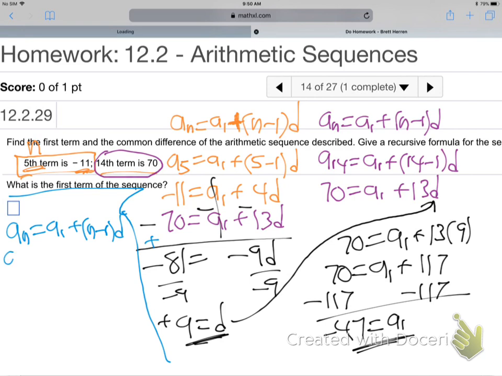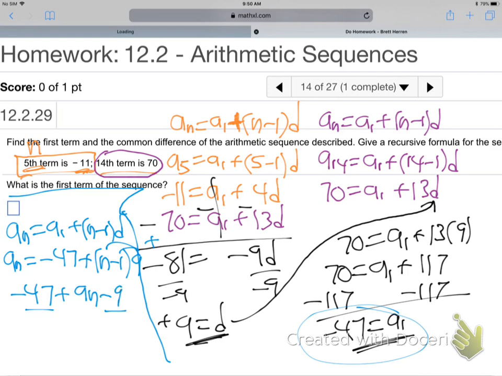So A1, which is -47, plus N minus 1 times D, which is 9. The 9 distributes. So -47 plus 9N minus 9. -47 minus 9, -56. There we go.